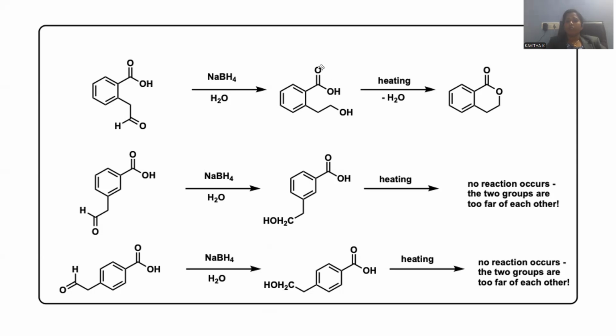Whenever we have a carboxylic acid at one terminal, and this much long chain with a hydroxyl at the other terminal, intramolecular esterification will be carried out upon heating. Esterification is when a carboxylic acid and an alcohol react by dehydration, giving rise to an ester linkage.